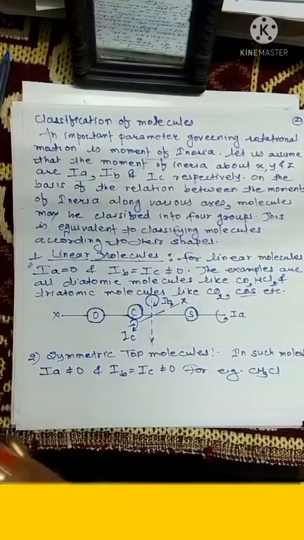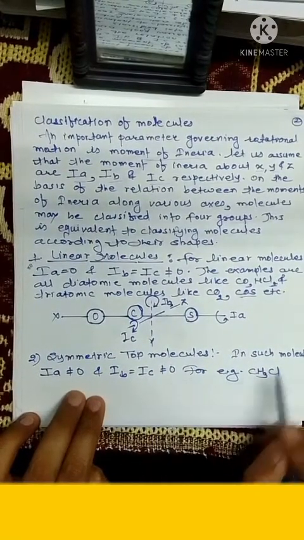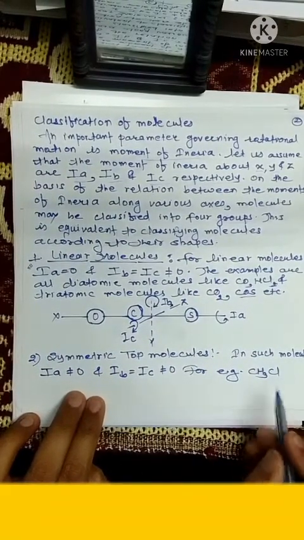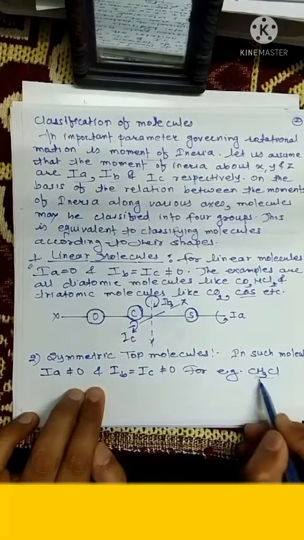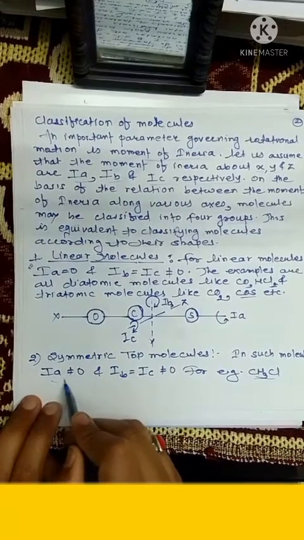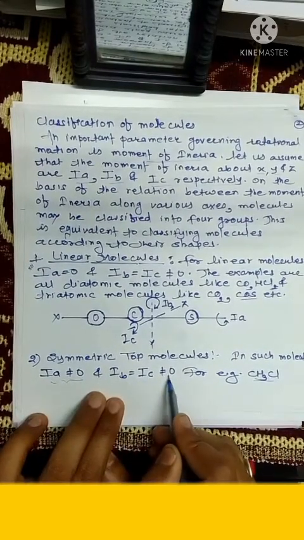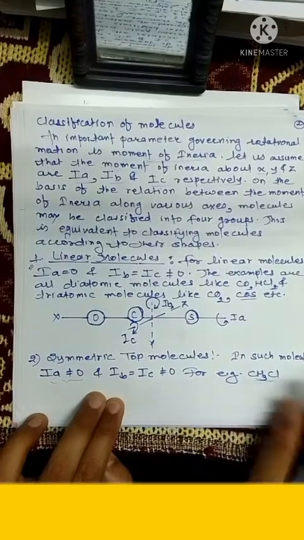The second category is symmetric top molecules. An example of a symmetric top molecule is CH3Cl. In this case, Ia is not 0, and Ib is equal to Ic, which is also not equal to 0.